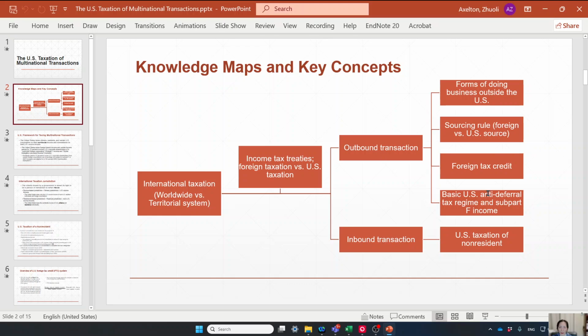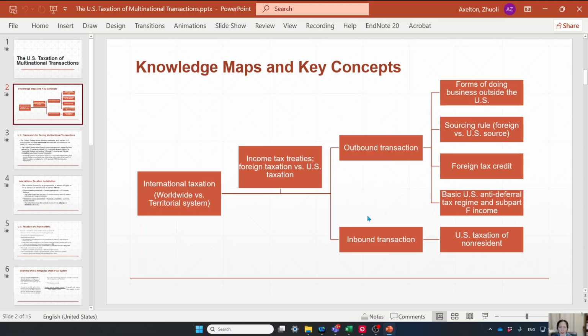This really serves a particular purpose: to prevent base erosion for U.S. tax purposes. This gets a bit more complex, but we have some quick discussion on those anti-deferral rules and Subpart F income rules. But the key for this chapter is the foreign tax credit.